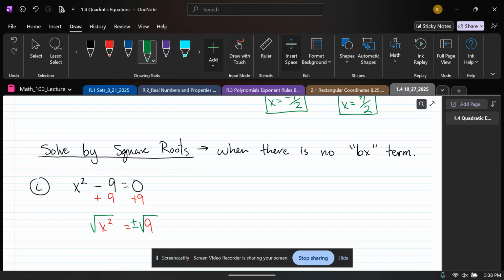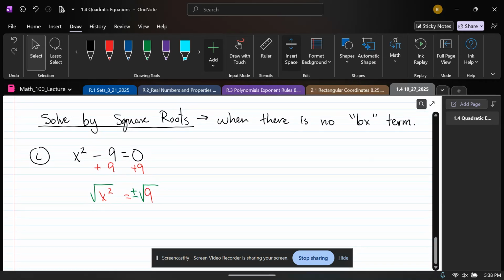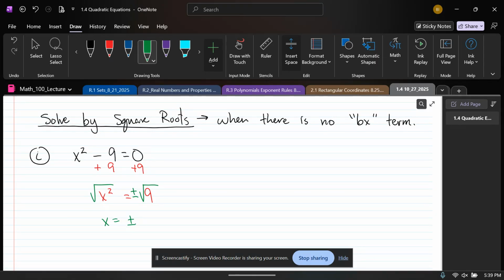But if you square a negative 3, you also get 9. So you have to have that plus or minus in front of it. On the left side, the square root of x squared is just x. On the right-hand side, you get the square root of 9, which is just 3. Yes, you need the plus or minus in front of that.